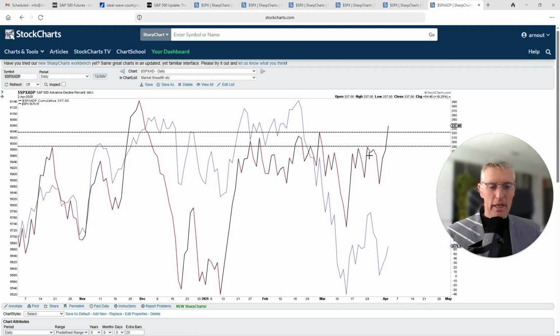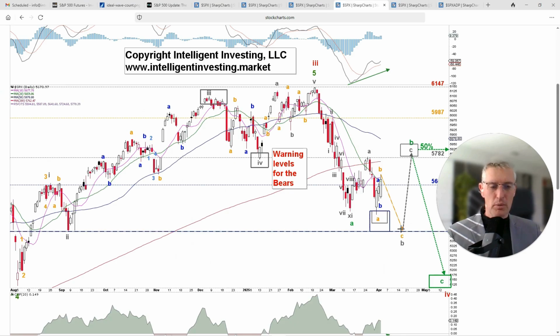Now, I don't want to hang my hat on one single item, but this does make me wonder if the alternative that we are showing is in play, that we will get just a weak drop, meaning that the internal strength of the market will make this rally back to at least the 50% extension. And you can see here a C is 1.618 times the length of A, measured from 5,400, targets exactly this. Then we have a very complex B wave. It would not surprise me.